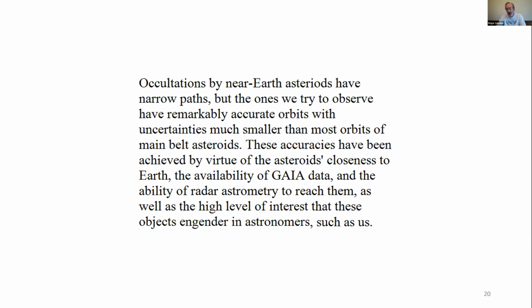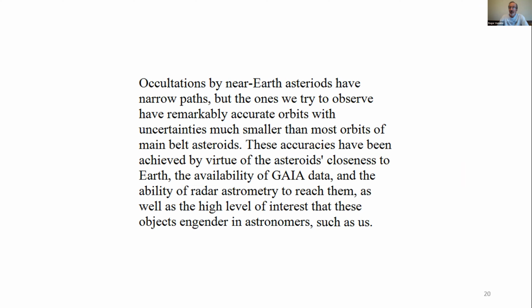Occultations by near-Earth asteroids have narrow paths, but the ones we try to observe have remarkably accurate orbits with uncertainties much smaller than the orbits of main belt asteroids. These accuracies have been achieved by virtue of the asteroid's closeness to Earth, the availability of new Gaia data, and the ability of radar astrometry to reach them. Most main belt asteroids cannot be reached by radar astrometry.